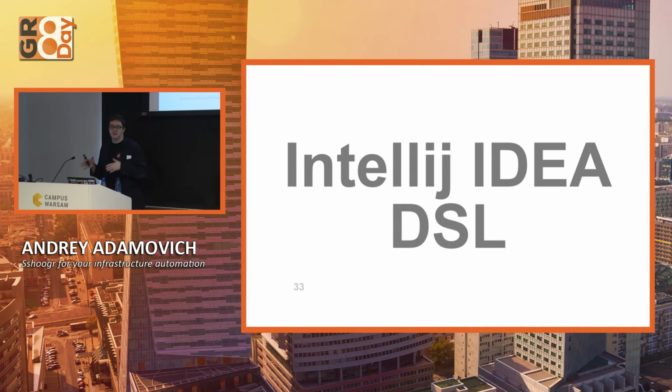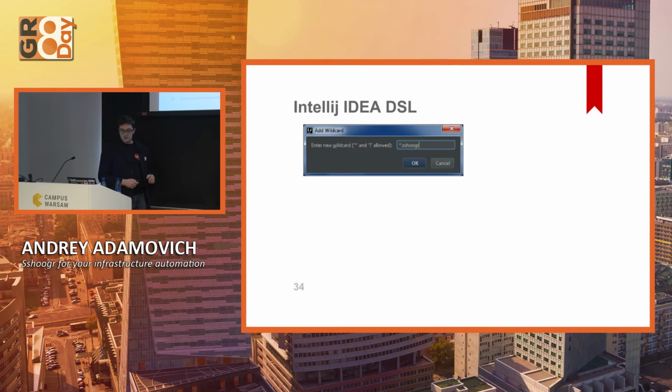You can extend IntelliJ and provide DSL definitions for your DSLs. So you can teach IntelliJ to understand the DSL that you have created. The way you do it is you first add a new extension, for example Sshoogr, and make that extension based on Groovy.